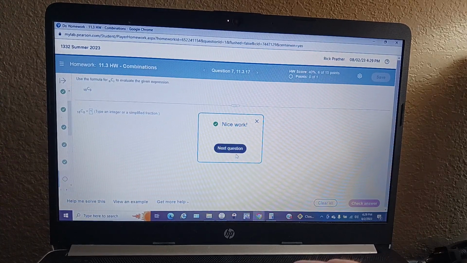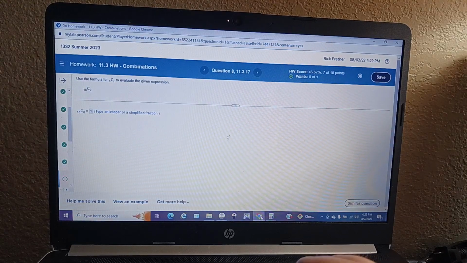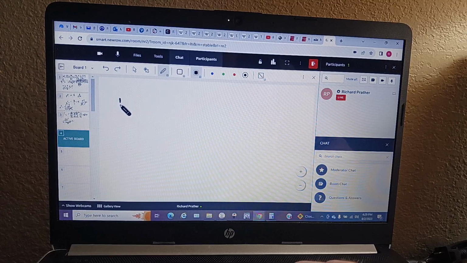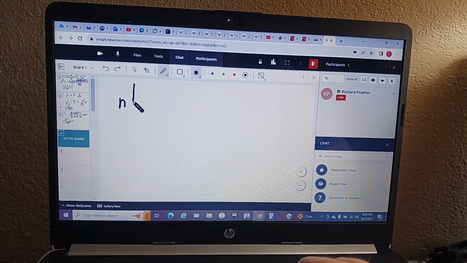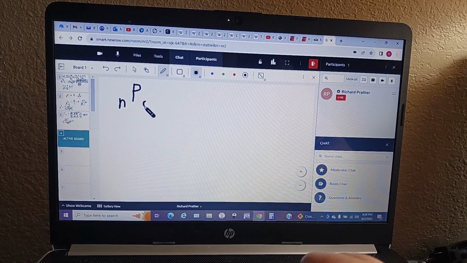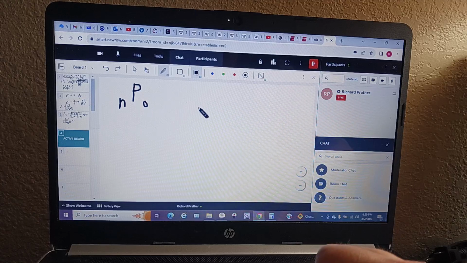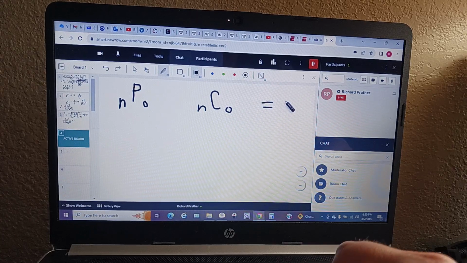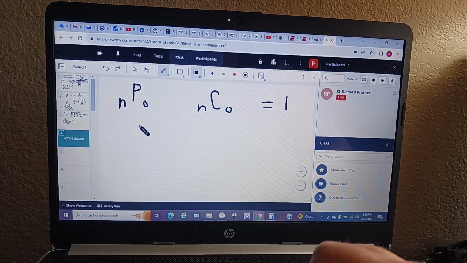So, I maybe should make a list here. If you get any number permutation 0 or any number combination 0, both of these equal 1. There's only one way to do that.